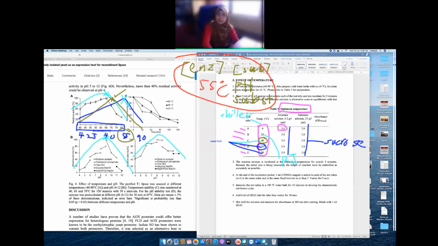For the incubation for 5 minutes. What do you think? When you do the optimal temperature, it shows 40 degrees. So what do you think about the previous experiment? Should you repeat the experiment or never mind, just forget about it and proceed with the next study?